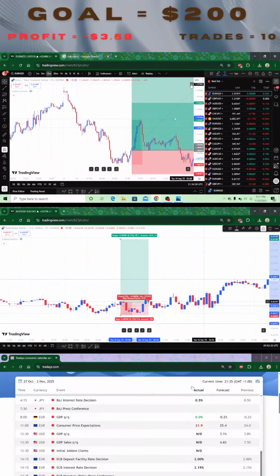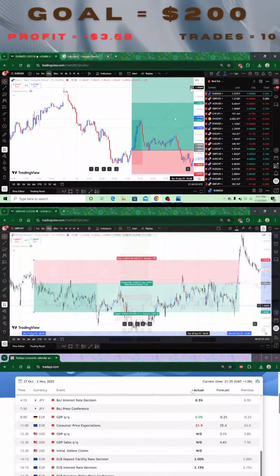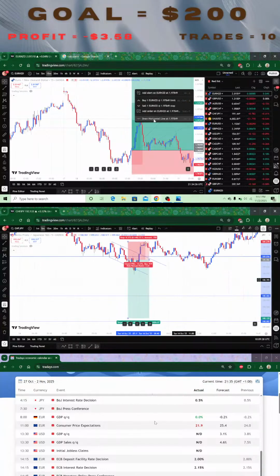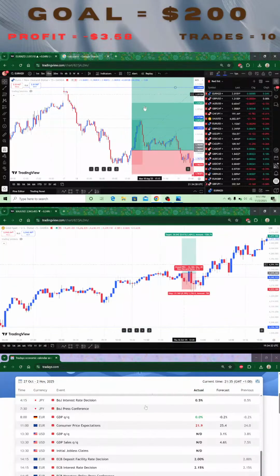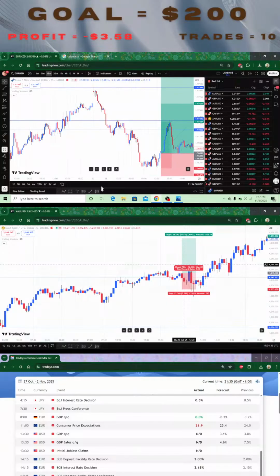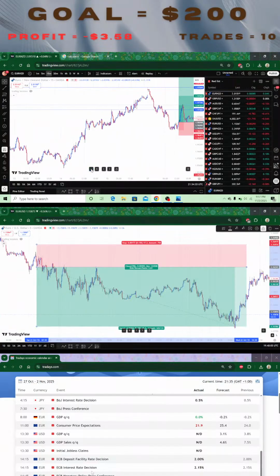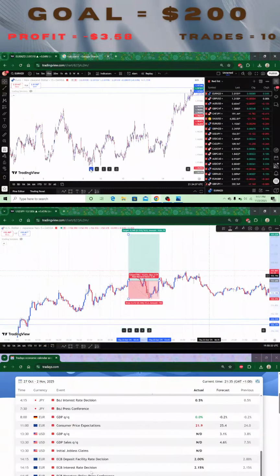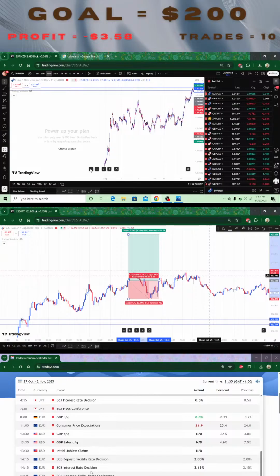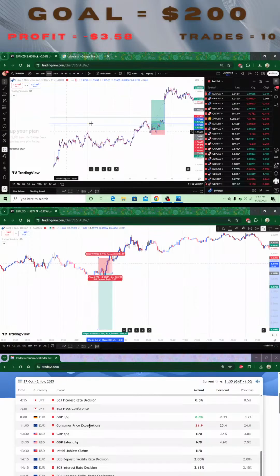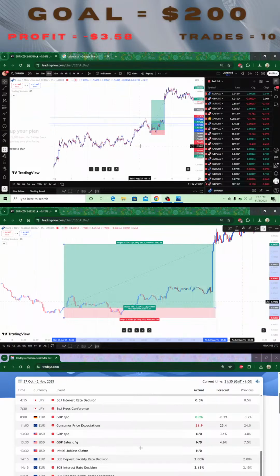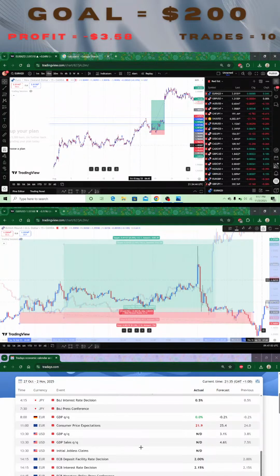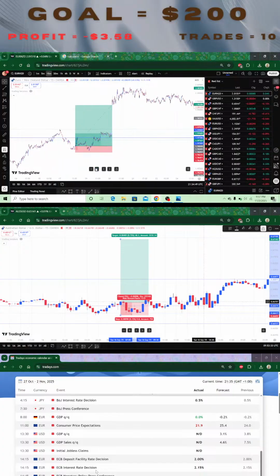Third TP zone is up here. For me, this place is too big. Let me know if I can find another TP zone in between that space. Oh goodness, I don't think I can find a TP zone in between there.